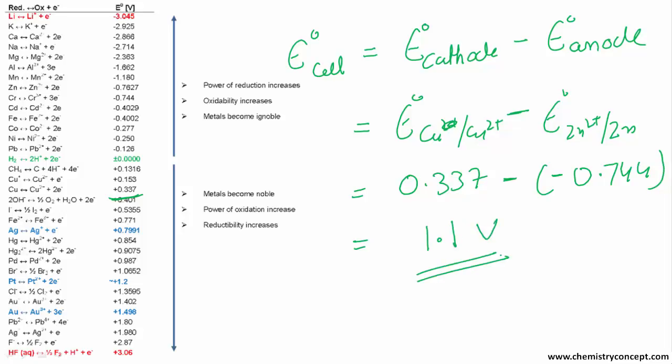So this is how we find out the standard cell potential. If we know the standard cathode potential and standard anode potential, which are standard electrode potentials, the difference between the standard electrode potentials is known as the standard cell potential.